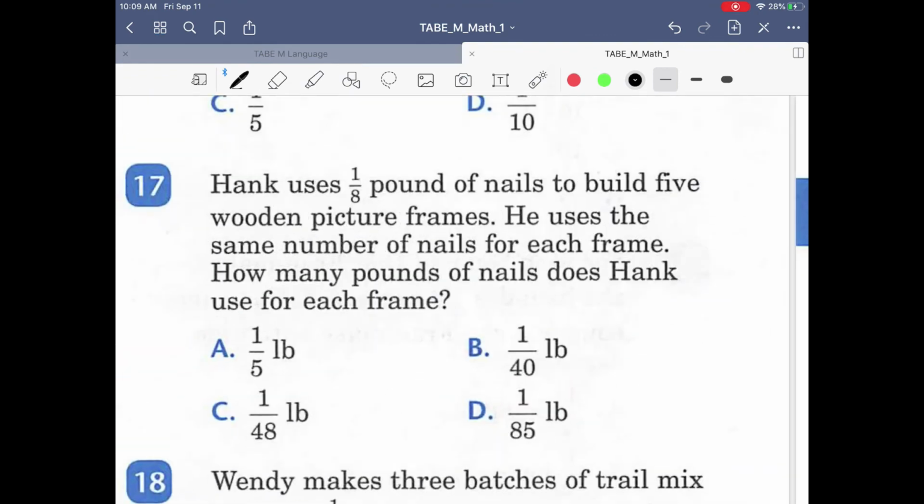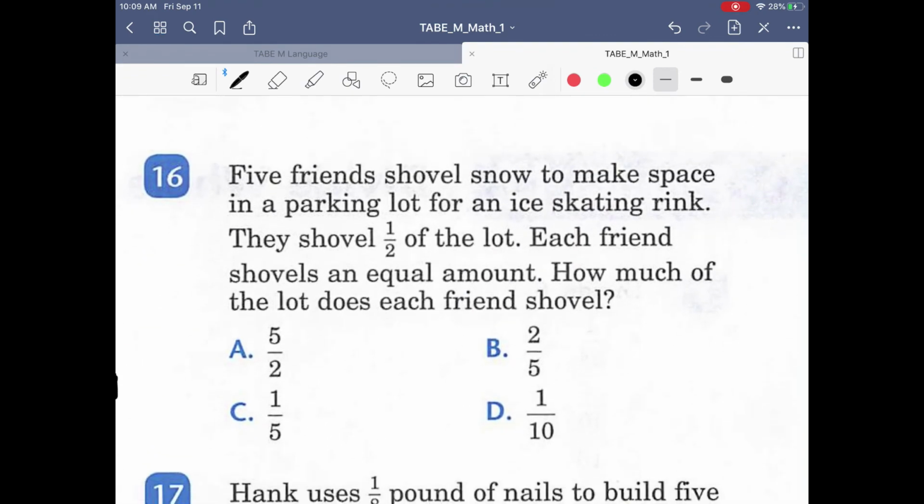Number 16. 5 friends shovel snow to make space in a parking lot for an ice skating rink. They shovel 1/2 of the lot. Each friend shovels an equal amount. How much of the lot does each friend shovel? So here's this parking lot that's covered in snow. And these 5 friends decide that they want to make an ice skating rink.